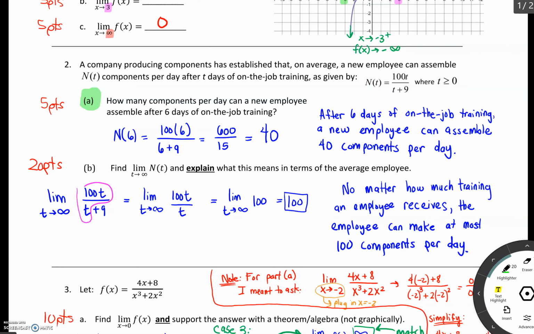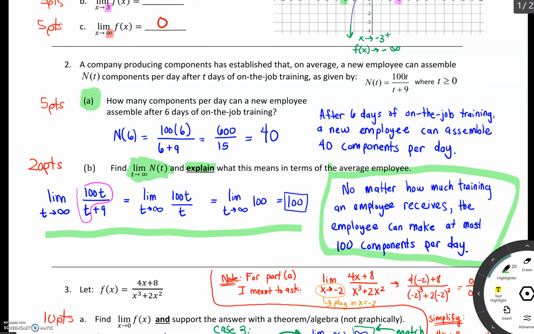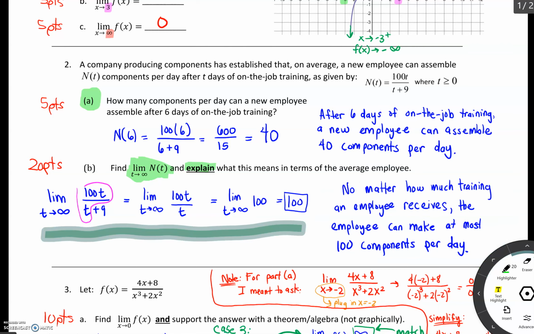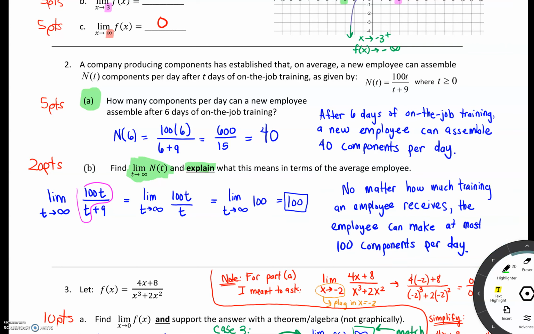But in B, you're asked to find a limit as t approaches infinity and then explain what that means. So there was 10 points for finding the limit and 10 points for the explanation. Now, be sure that you clearly show either with calculus or algebra or some non-graphical way how we know the limit is 100.